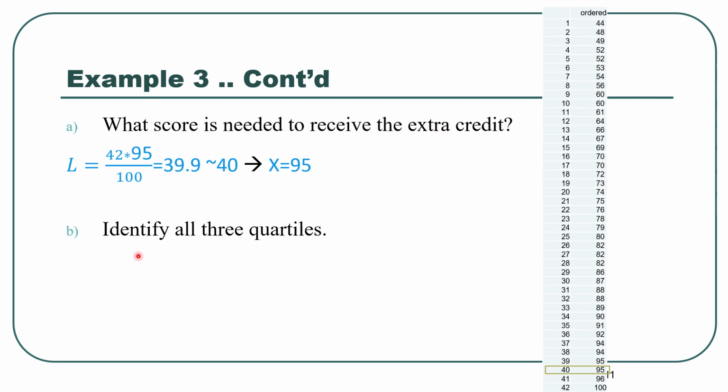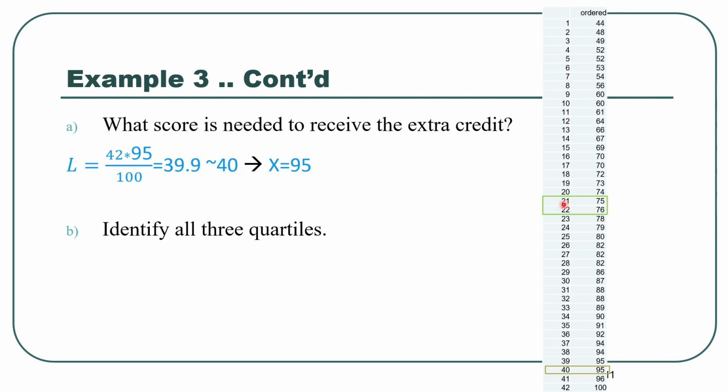Now we have been asked to find all the quartiles, the 3 quartiles. Again, it's easier to find the median, which is Q2, and then find Q1 and Q3. So for Q2, as we discussed before, we need to find the median of my data set. I have 42 observations, and 42 is even, so 42 over 2 gives me 21, and because I have an even number, the median would be the average of my two values exactly in the middle.